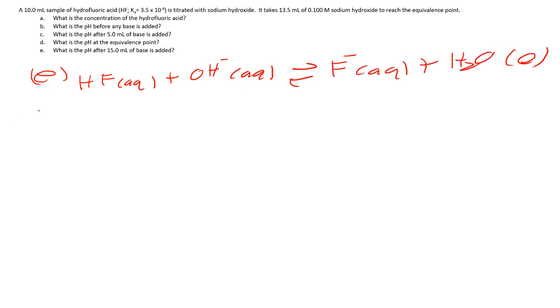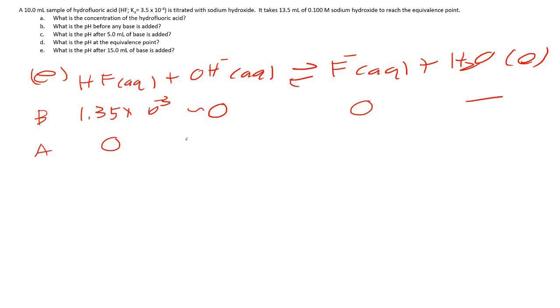So now we have our BCA table. So we started again with 1.35 times 10 to the minus 3 moles. We start with 0 hydroxide, 0 F minus. We don't worry about water. We then have our addition.